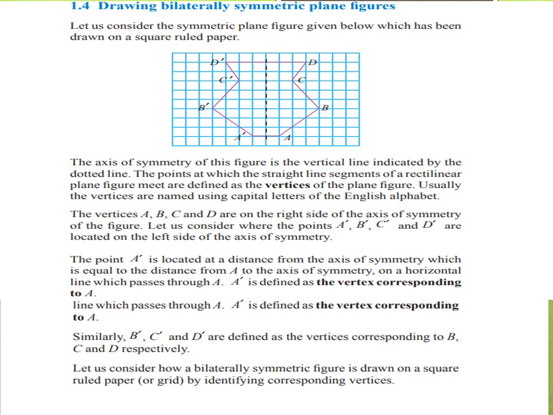So here you can see the D with the comma, the corresponding letter is D, and C with the comma the corresponding letter is C. B with the comma the corresponding letter is B. A with the comma the corresponding letter is A. Let us consider how a bilateral symmetric figure is drawn on a square ruled paper by identifying corresponding vertices. Let's go to the next slide.